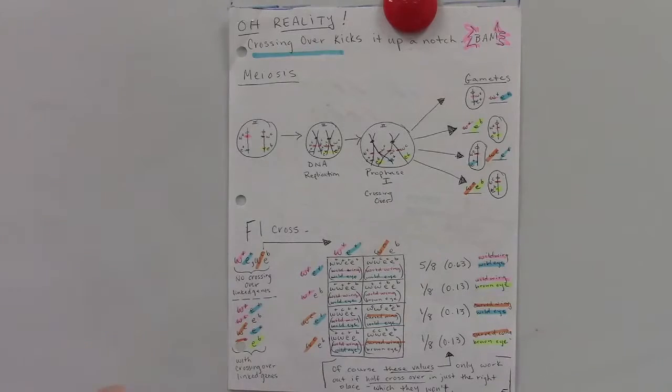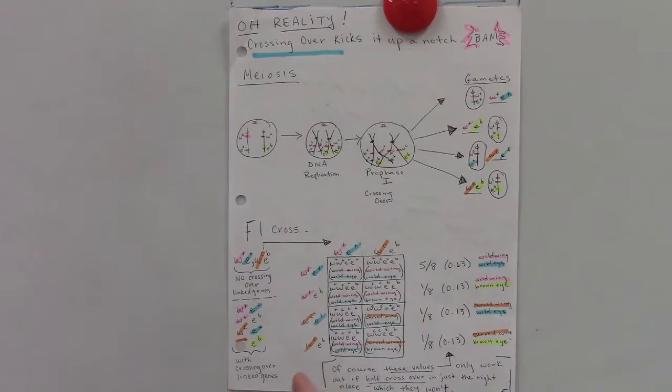So that said, we might expect that 5/8 would show both dominant phenotypes, 1/8 would show wild wing brown eye, 1/8 would show curved wing wild eye, and 1/8 would show curved wing brown eye.